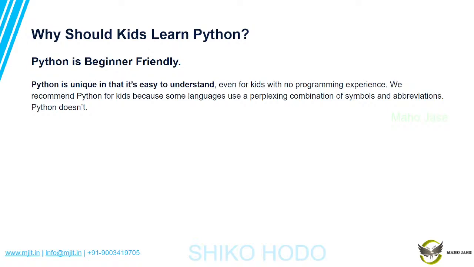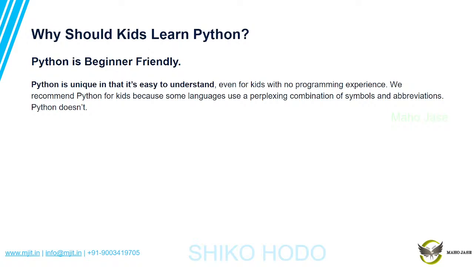And the second thing is Python is unique in that it's easy to understand even for kids with no programming experience. Yes, even for the kids who have no programming background, they would easily understand Python. And we recommend Python for kids because some languages are perplexing combinations of symbols and abbreviations.